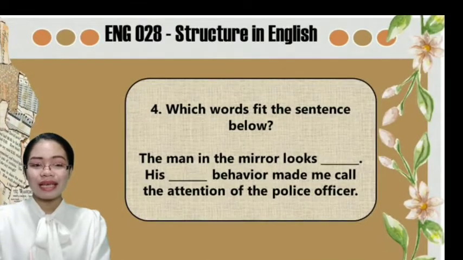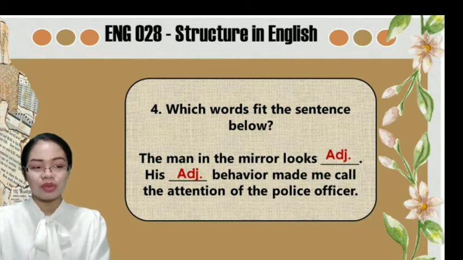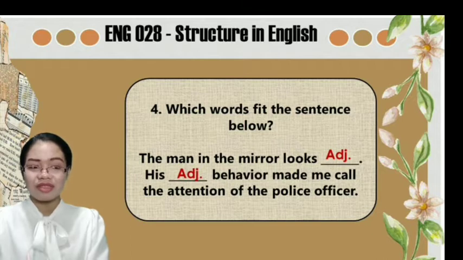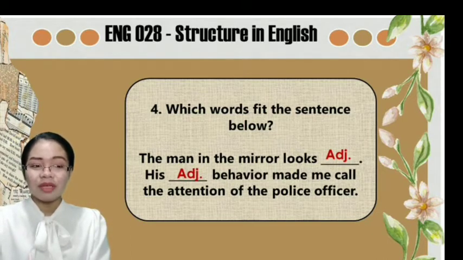So in the first sentence, we are looking for an adjective that modifies the noun or the subject, which is the man. On the other hand, in the second sentence, his blank behavior, we are looking for another adjective that modifies the behavior that made me call the attention of the police officer. So again, in these two sentences, we are looking for two adjectives.